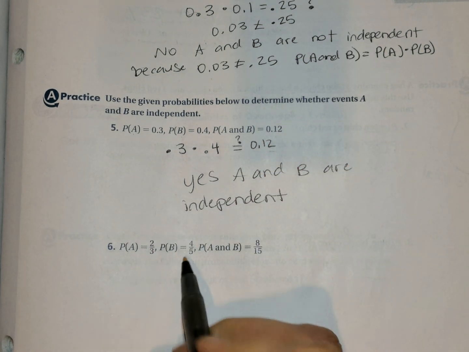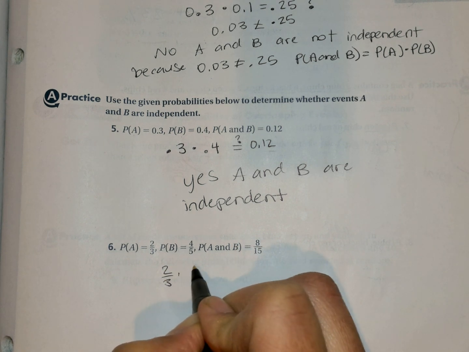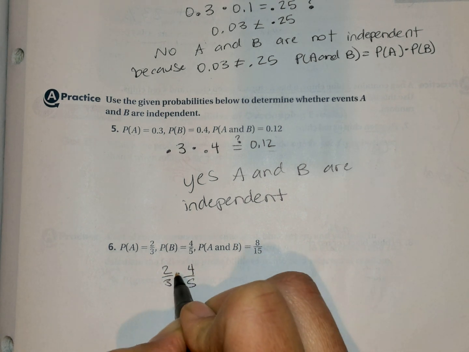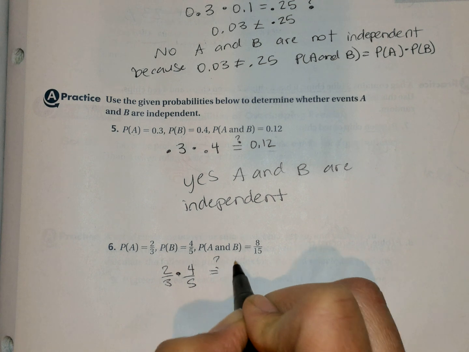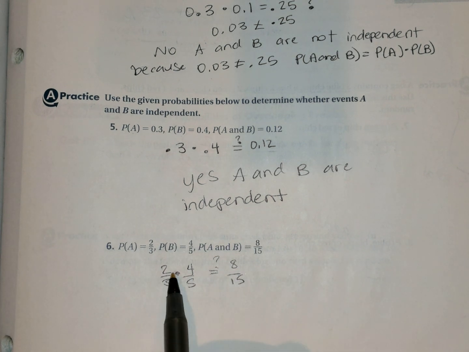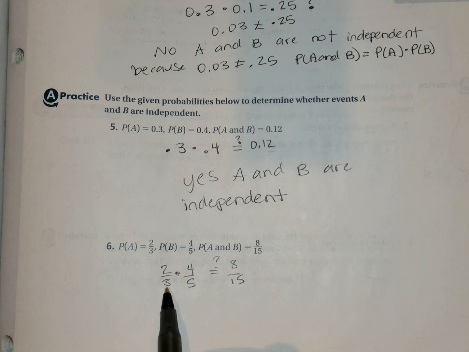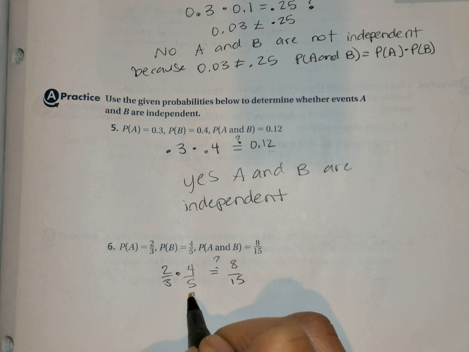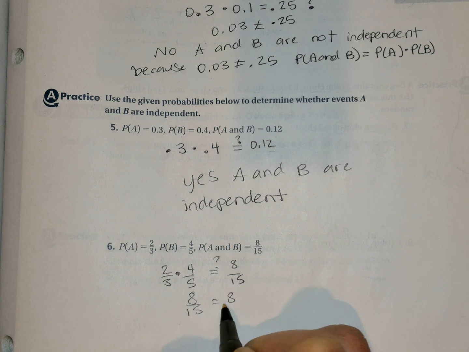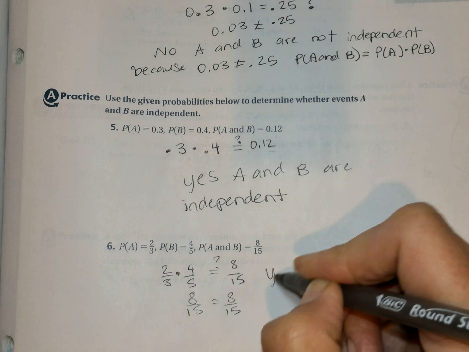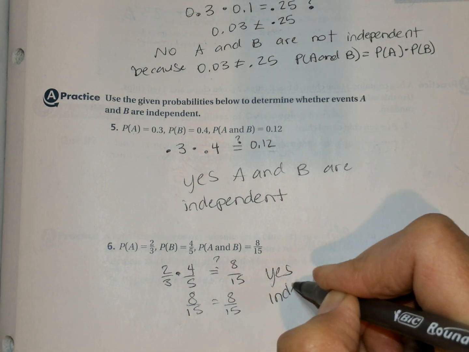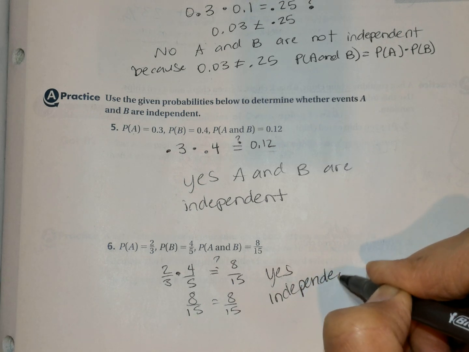And just looking ahead to the next one, you would just do 2/3 times 4/5. And I'm checking to see, does that equal 8/15? Think about just multiplying straight across. 2 times 4 is 8, 3 times 5 is 15. Yeah, it does equal 8/15. Yes, independent.